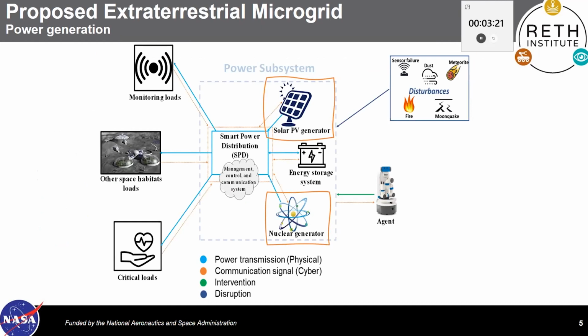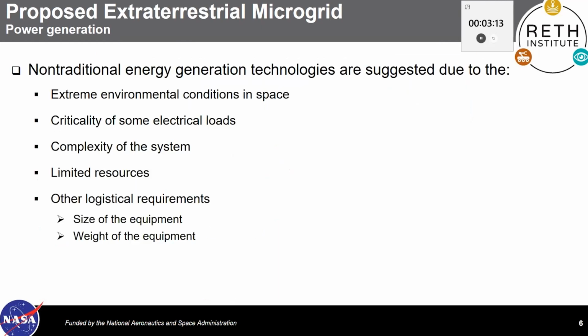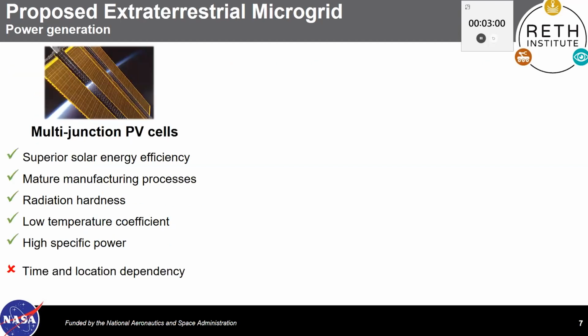After that, I will go over the different technologies that are proposed for the space microgrid. As we know, non-traditional energy generation technologies are suggested due to the extreme environment in space. The first type is multi-junction solar PV, and it is the main source of power for space applications.